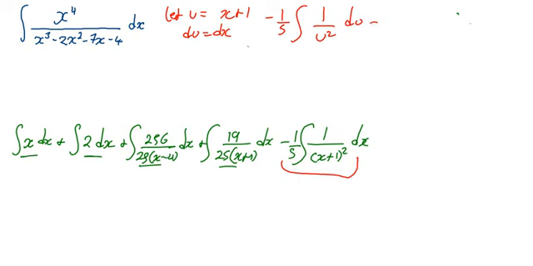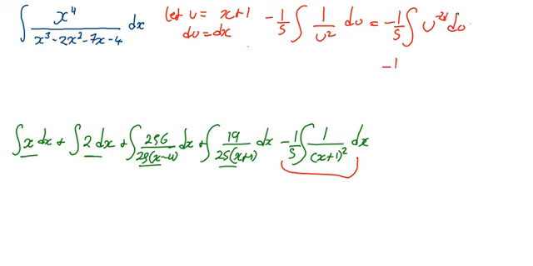So this can also be written as negative 1 over 5 integral of u to the power negative 2 du. So we integrate with respect to u. We know we are supposed to add 1 to the power, then divide by the new power.